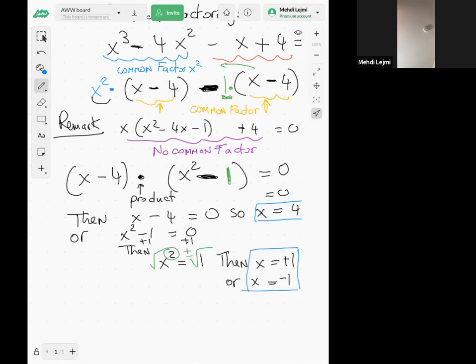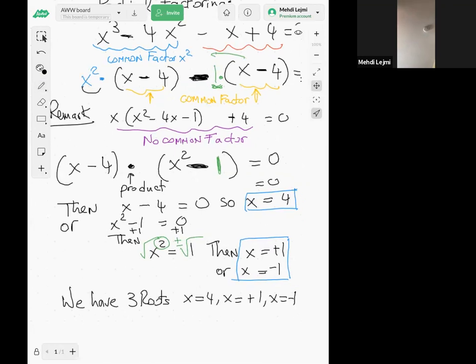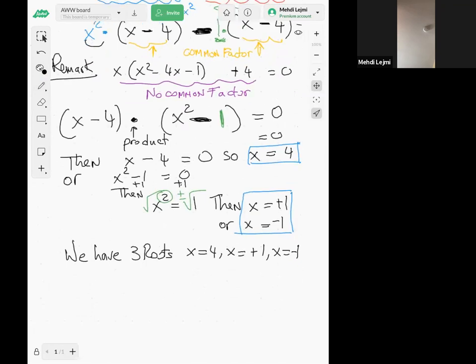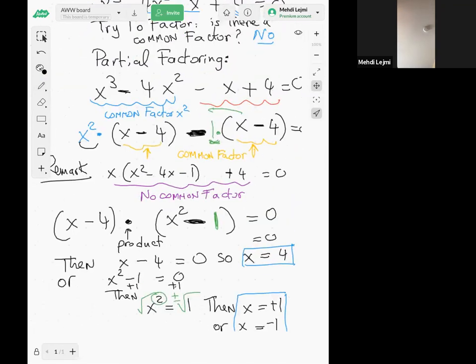So we have 3 roots actually: positive 1, negative 1, and positive 4. So we have 3 roots: x positive 4, x positive 1, and x negative 1. So this is the first step.